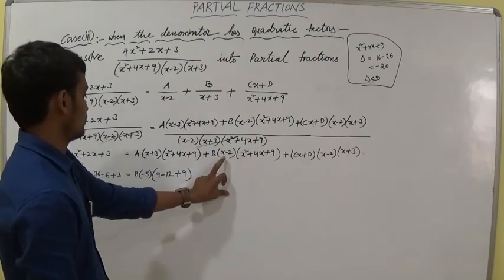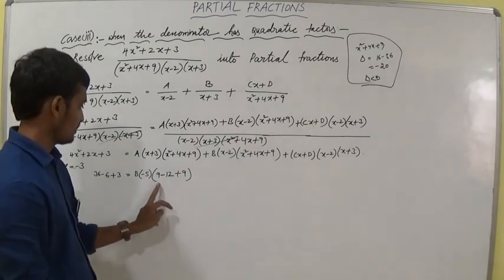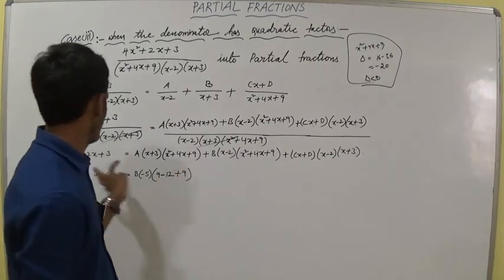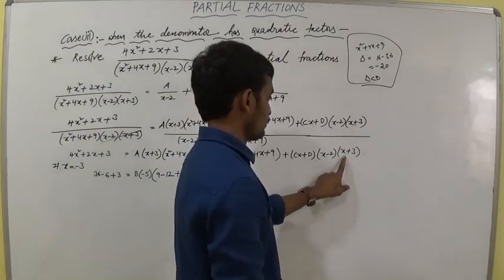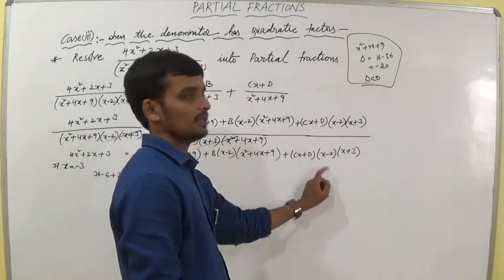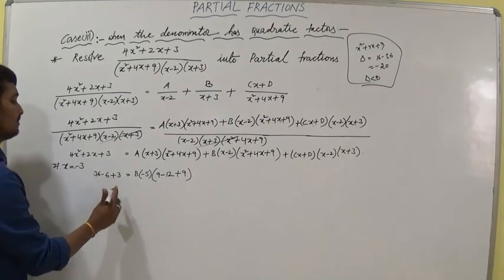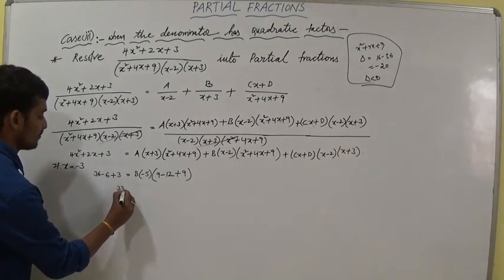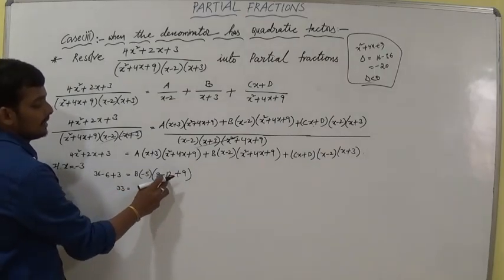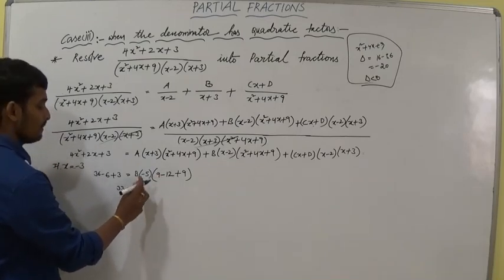If you substitute plus 3 here, minus 3 here, minus 3 into plus 3 is 0, 0 into x minus 2 is 0, into cx plus d is 0. So I can solve: 36 minus 6 is 30, 30 plus 3 is 30, is equal to b times 9 plus 9 is 18, 18 minus 12 is 6, 6 into minus 5 is minus 30.